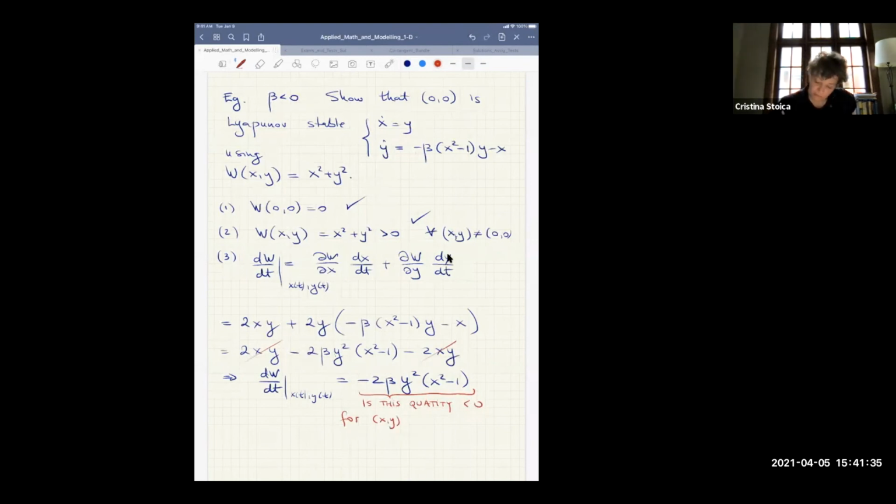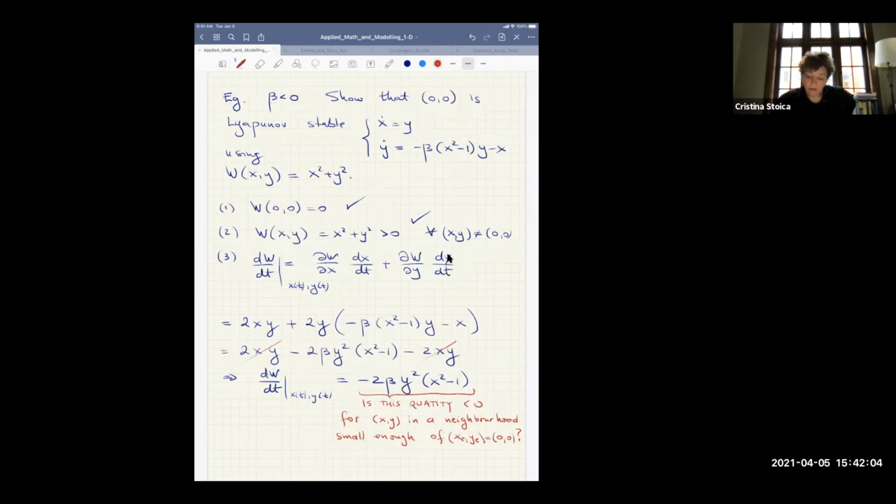So in a neighborhood, small enough, of the neighborhood of (x_e, y_e), which in this case is (0, 0). So that's the question we have to answer, right?